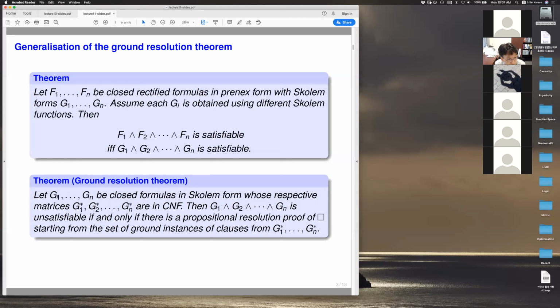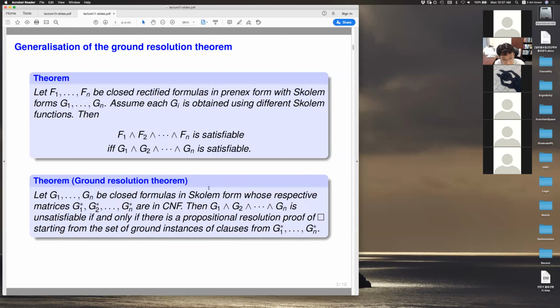It says that if I have G1 up to Gn, closed formulas in Skolem form, and their quantifier-free parts are G1 star up to Gn star, in CNF, then the conjunction of all these formulas is unsatisfiable precisely when we can derive the contradiction using a resolution theorem prover from the set of ground instances of G1 star up to Gn star.